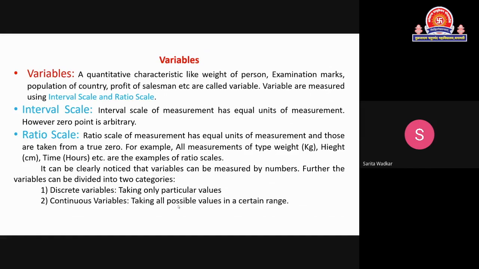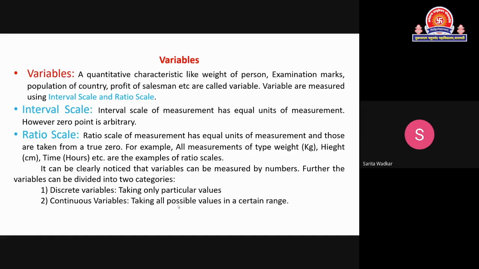However, the difference in temperature between 10 degrees centigrade and 20 degrees centigrade is the same as that between 50 degrees centigrade and 60 degrees centigrade, or between any similar pair. So this is the interval scale, where you can find the interval.